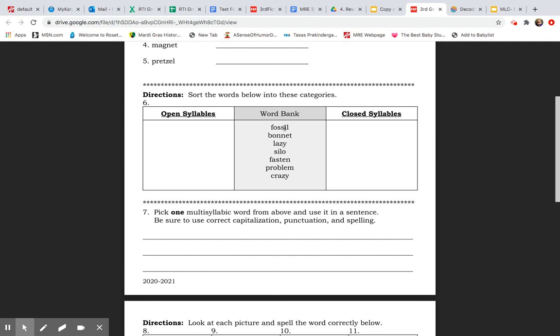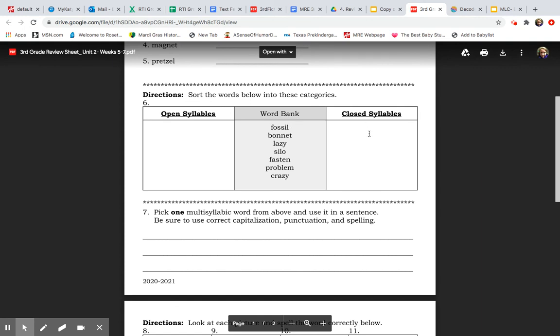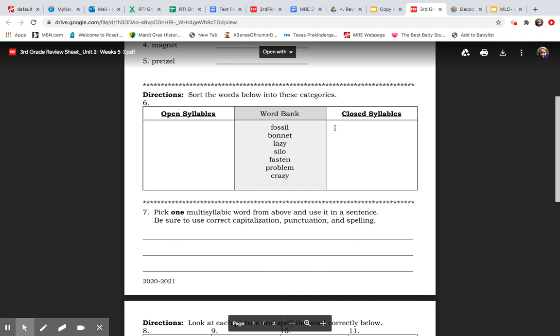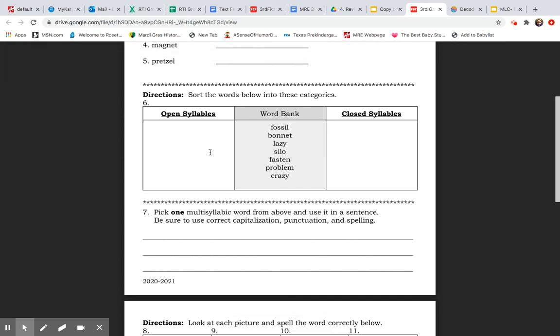Okay, so like fossil, if it was fossil, then it would be open, but because it's fossil, it's closed. Okay, and then down here you have lazy. That A is saying its name. So lazy is open. If it was lazy, then it would be closed. But this word's pronounced lazy. Okay?